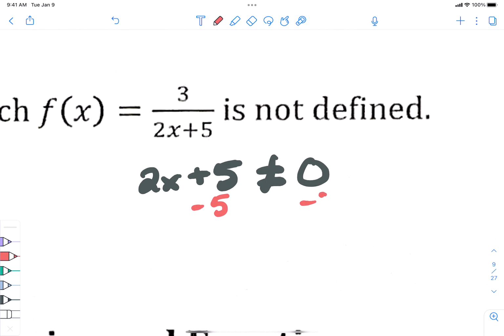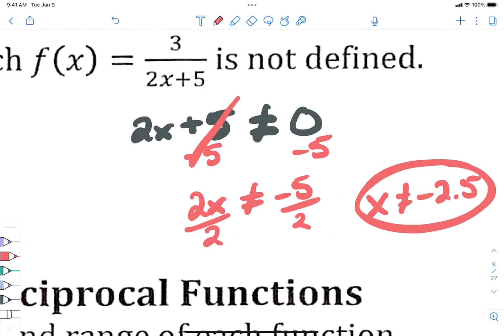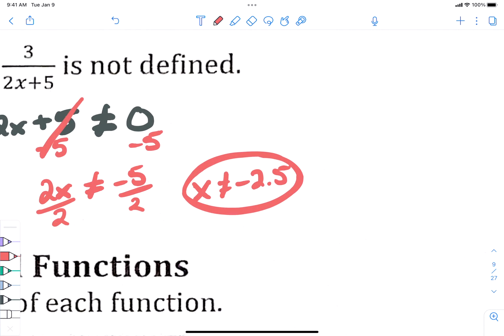Minus 5, okay? All right, so we want 2x to never be equal to negative 5, and then we would divide by 2 and divide by 2, and x we don't want to be equal to, yep, negative 5 over 2 is negative 2.5, okay? All right, and so what this does is x can't be negative 2.5.